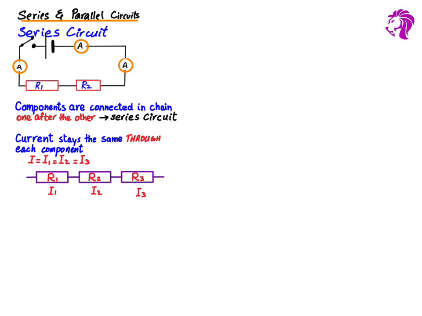Since it's a series combination, the resistors are connected in chain. Current at R3 is the same as current at R2, it's the same as the current at R1. Whatever the current I coming out of the battery, that same is the current through R1, R2 and R3. So I can say I1 equals I2, equals I3, and all that equals I.